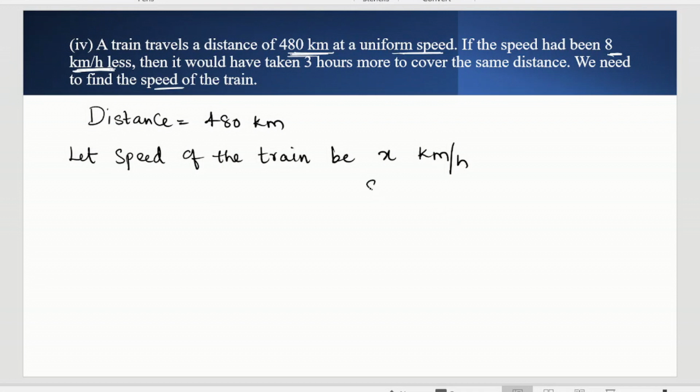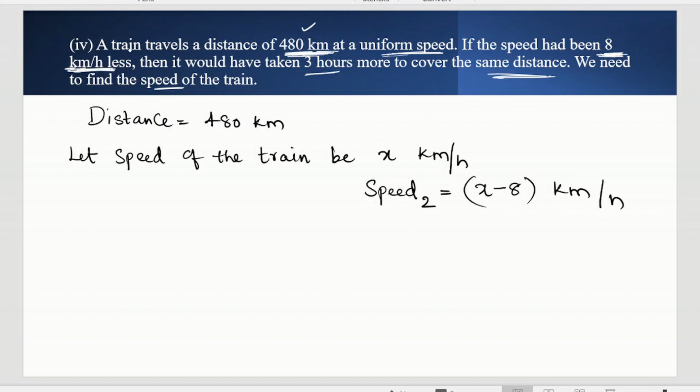Now the new speed, let us take it as speed 2. Speed 2 is 8 kilometers less. So original speed is x, then it is x minus 8 kilometers per hour.